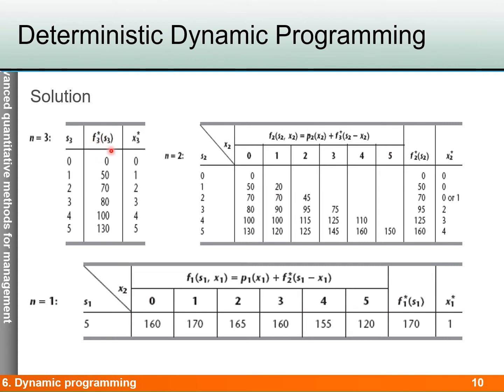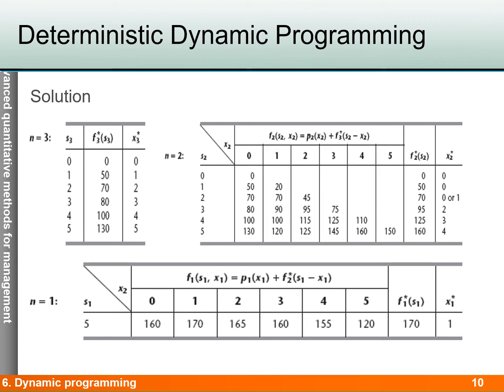So this formula is exactly like the formula P_n(x_n) plus F star n plus 1 of S_n minus x_n. So when it's n plus 1, it means 4. But like the stagecoach problem, here we don't have the fourth country.